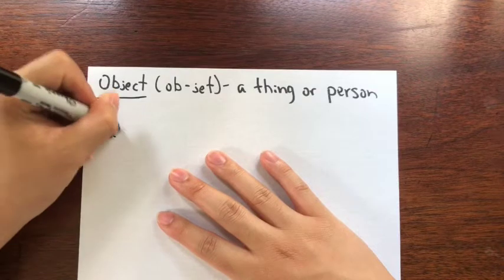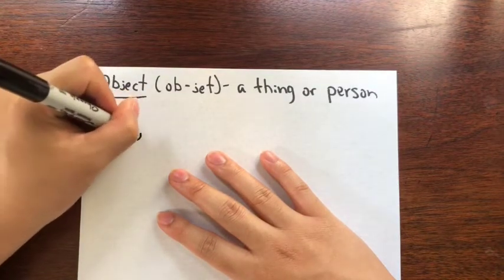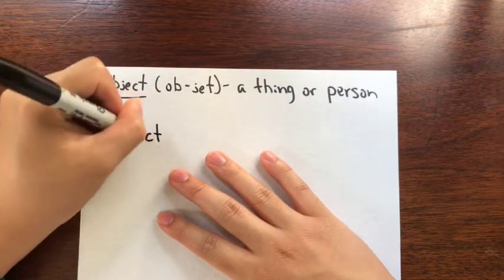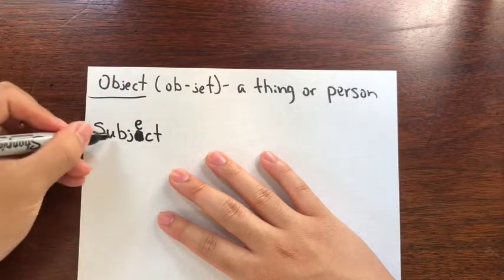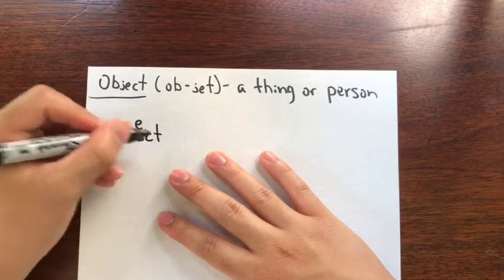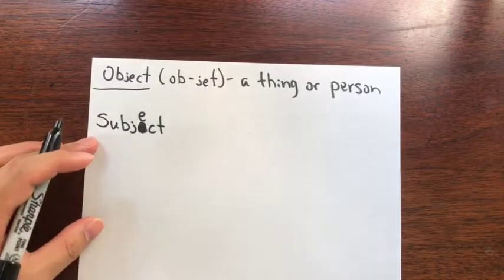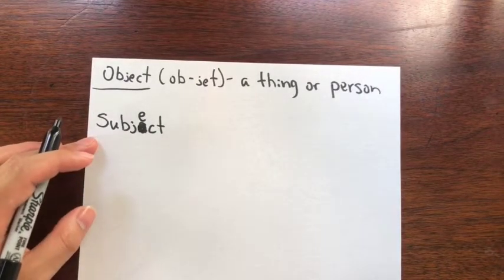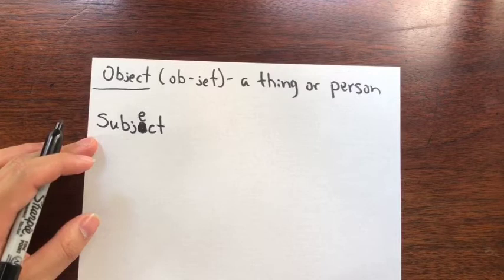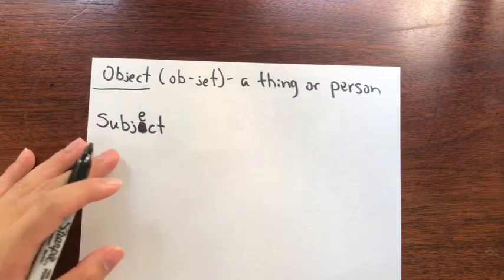We have a subject. S-U-B-J-E-C-T. A subject. So we know when we say, what is this book about? What is the subject of this book? We want to know what the book is about.